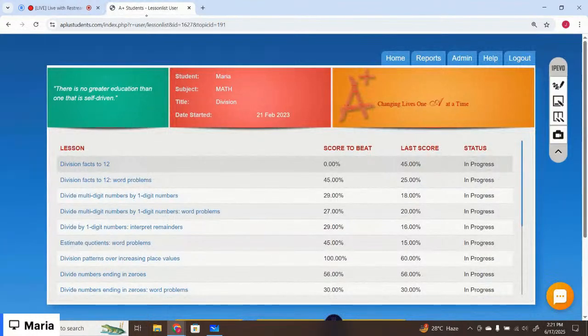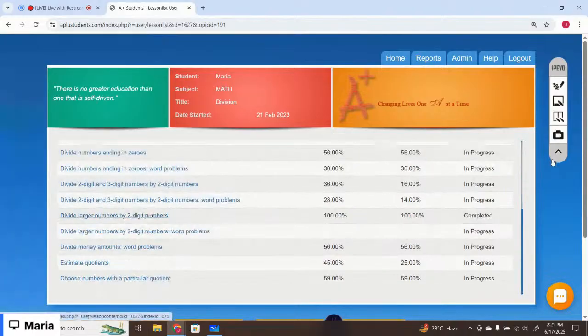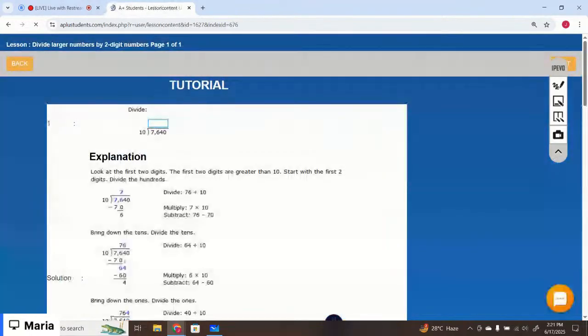The next lesson is dividing larger numbers by two-digit numbers.